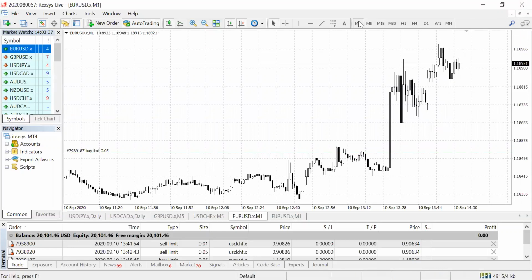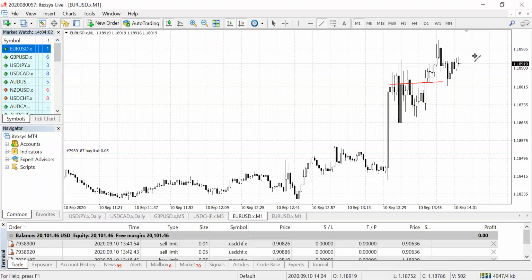However, on the 1-minute chart, we did have some pullback. So I took two trades back here, waiting for this breakout to happen. Usually I don't take the breakout, because you're exposed to a lot of fake outs, to false breakouts. So I prefer the first retracement, which is right here.